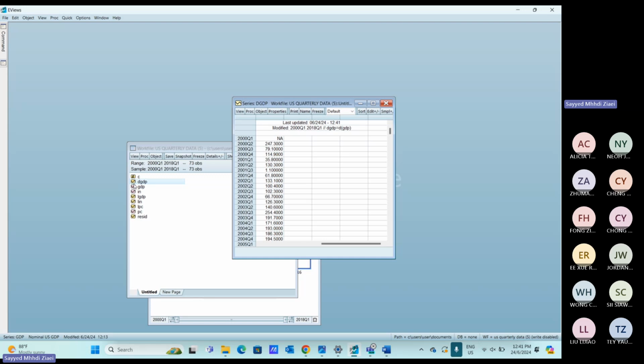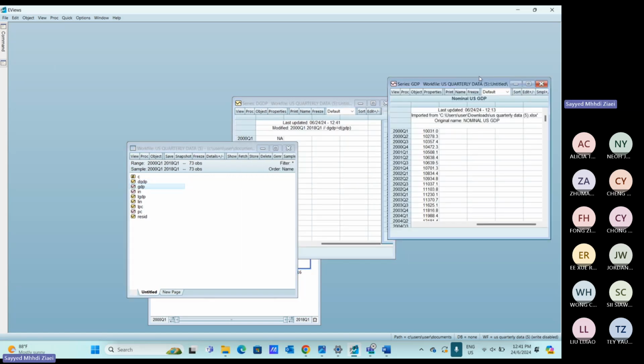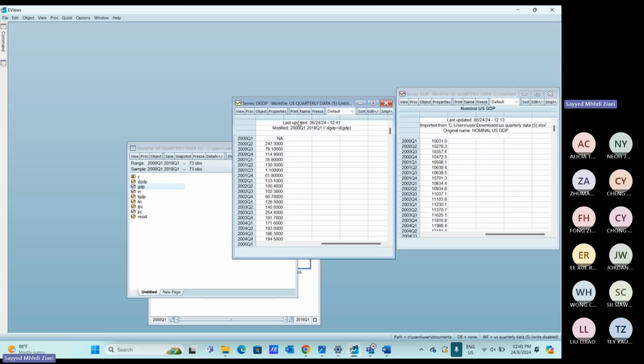DGDP pops up, and then you can compare the value of the DGDP with GDP. So this one is GDP, this one is DGDP. 10,278 minus 10,031 is 247. Am I right?